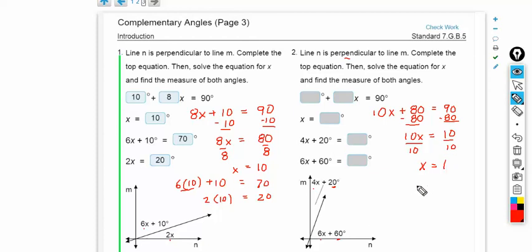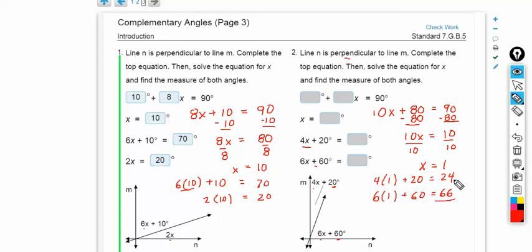X equals 1. So here we substitute x: 4 times 1 plus 20 equals 4 plus 20, which is 24. Then 6 times 1 plus 60 equals 6 plus 60, which is 66.